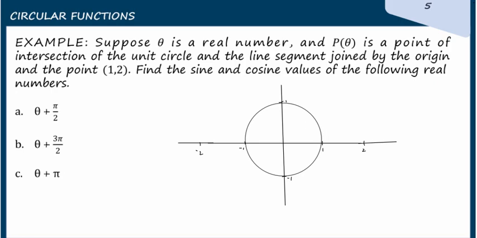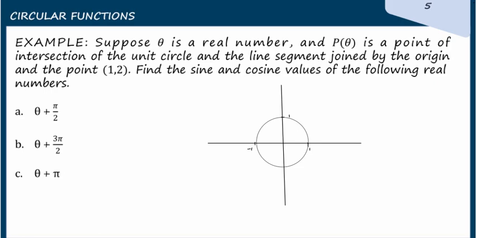(1, 2). Let me redo this portion right here. Or let me have a smaller circle so that I don't have to do the axis. So yan. Tapos this is gonna be 1. This is gonna be -1.